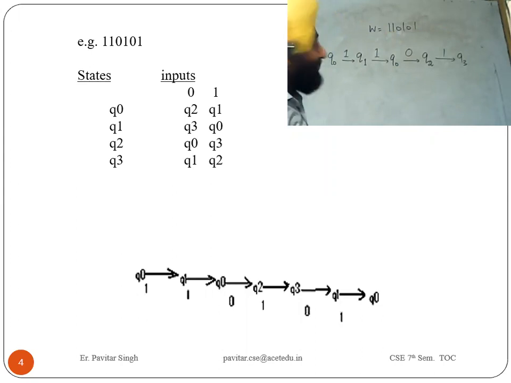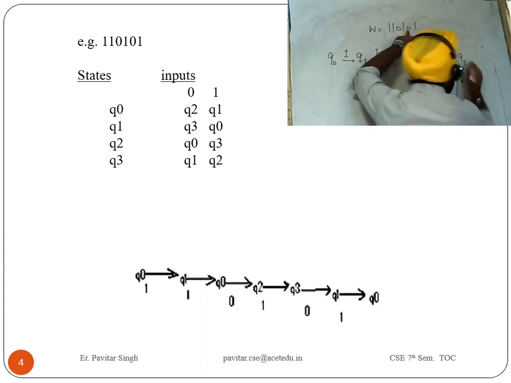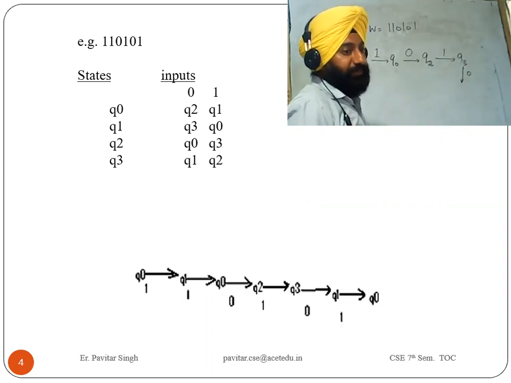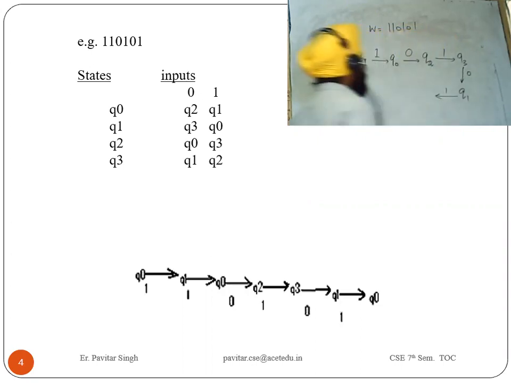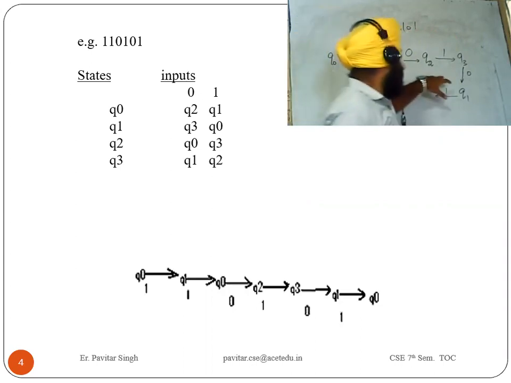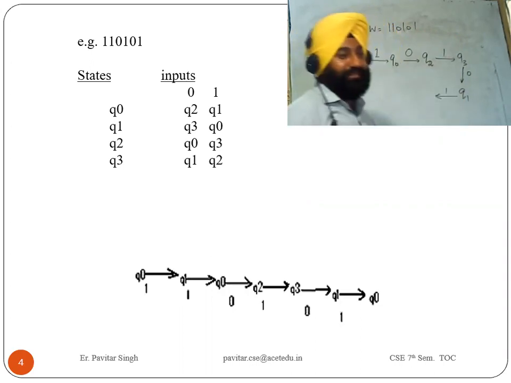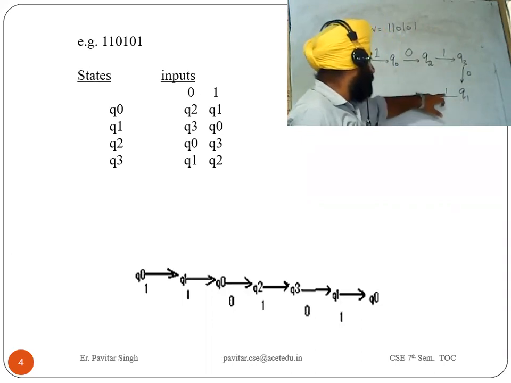Next input is 0. Q3 upon the processing of 0 is going to Q1. And the last input is 1. You have to represent it in a single line because here we have less space, that is why I have moved downward, right? So the last input is Q1 upon the processing of 1.